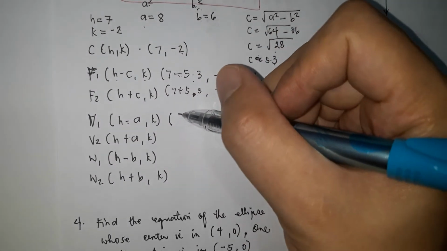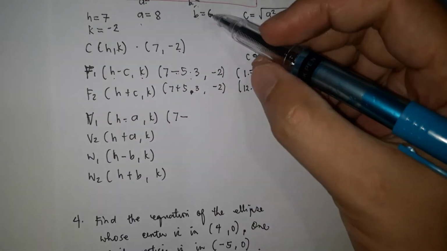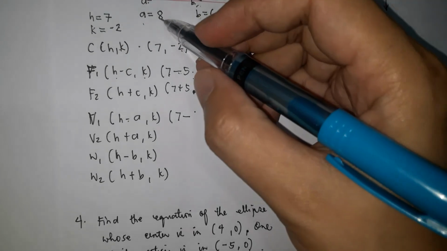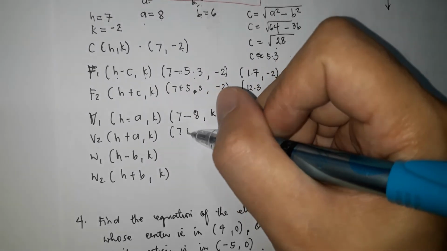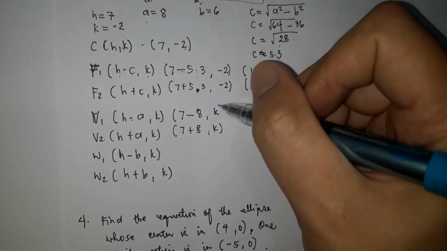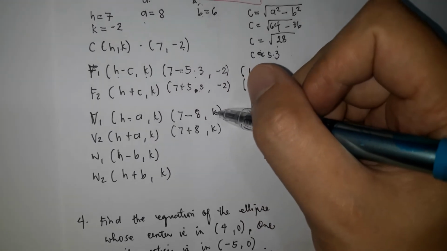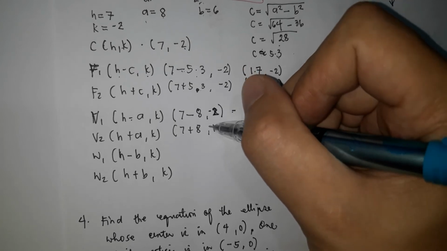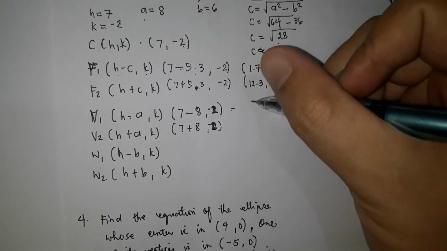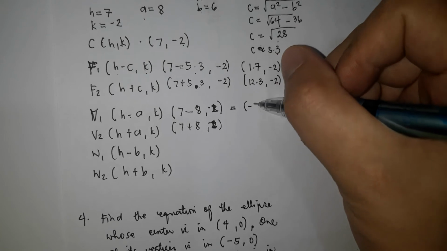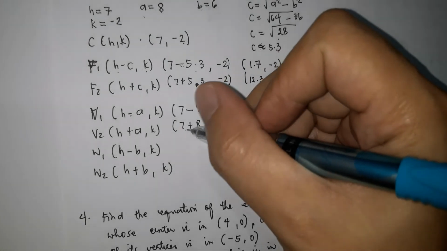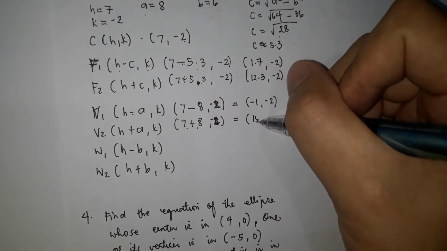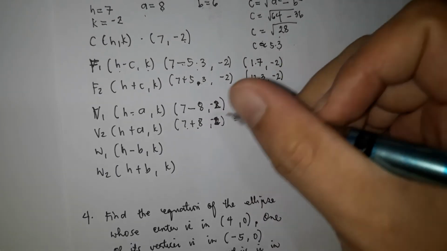For the vertices, H is 7, minus A, which is 8. K is negative 2. 7 minus 8 is negative 1, negative 2. 7 plus 8 is 15, negative 2.